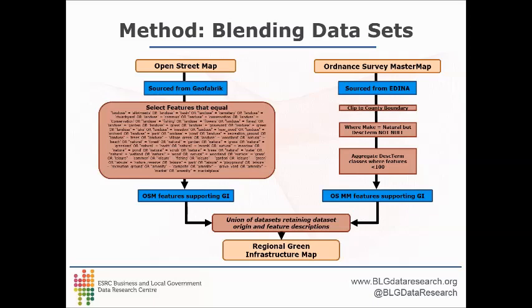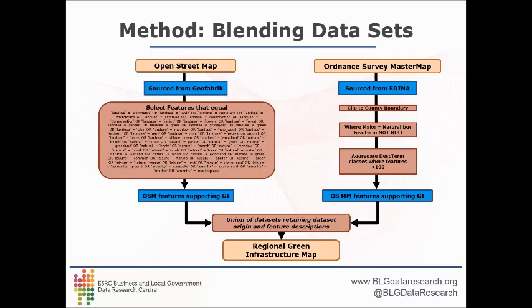so it can help to fill in some of the gaps that might exist in OpenStreetMap in terms of coverage, but there's limited detail on certain types of attributes. So one of the terms that's used, the descriptive term and so forth, is a bit limited in terms of the types of features that you can identify, whereas something like OpenStreetMap gives you more differentiation of what those features are.